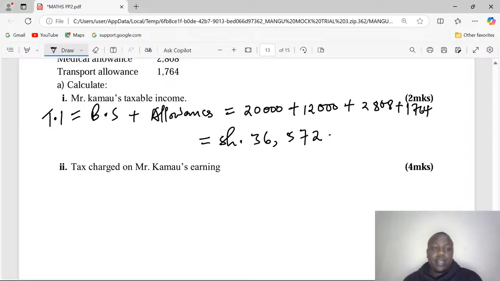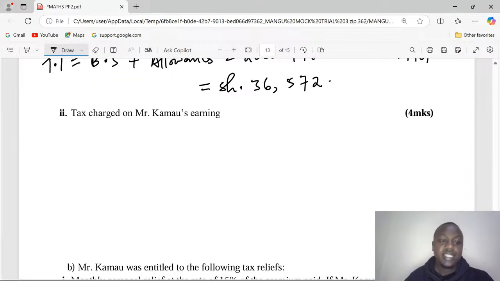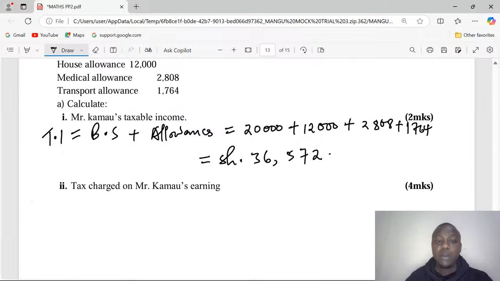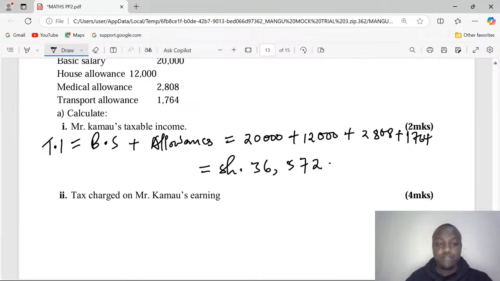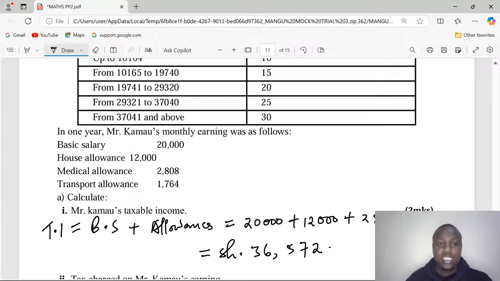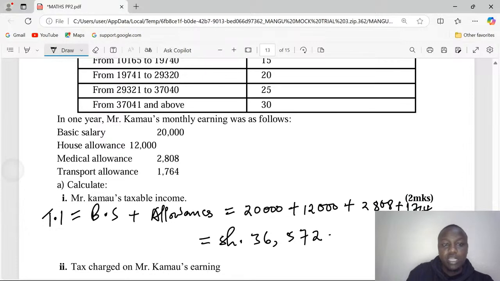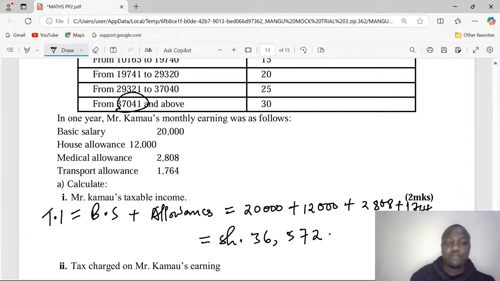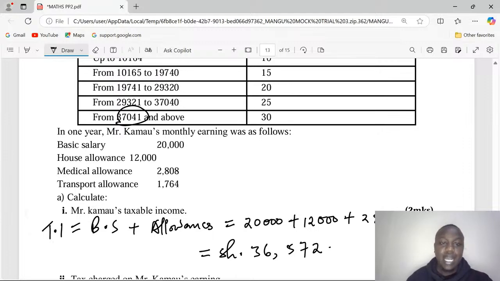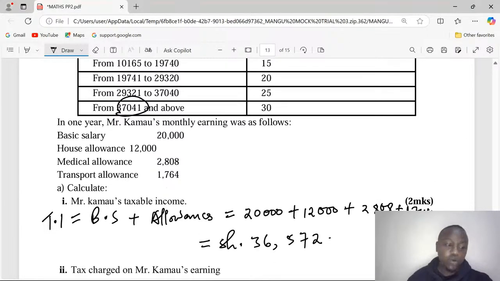So that is the taxable income for Mr. Kamau. The other thing is the tax charged on Mr. Kamau. When you look at the total taxable income for Mr. Kamau and you look at the table for taxation, you discover that the amount is not above 37,041. So we shall tax up to the fourth bracket, not all the brackets.